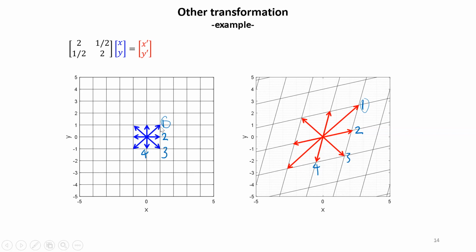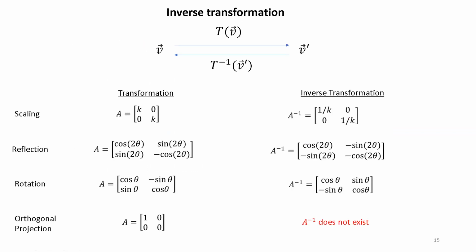So you can see that there are special vectors for which, under this transformation, the direction is not changed. And these two vectors, as I will introduce later, are known as the eigenvectors of this transformation matrix. I'll get to that later.